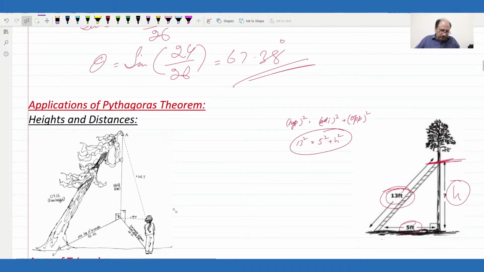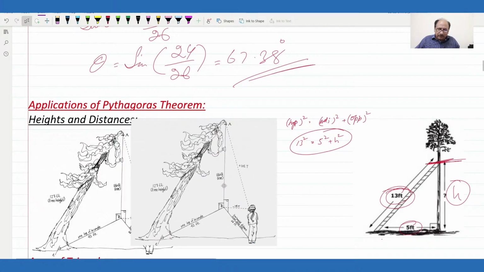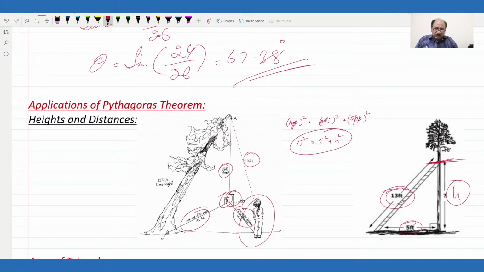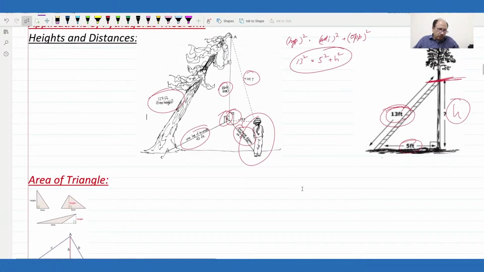This is a sloping tree, and a person is standing over here, and they give you these details. This is a right angle triangle, and the hypotenuse is also given. This type of complex question will be coming, and we'll be dealing with those questions.